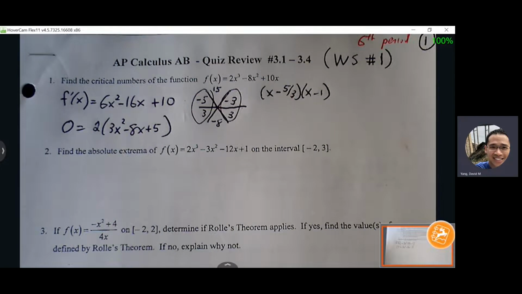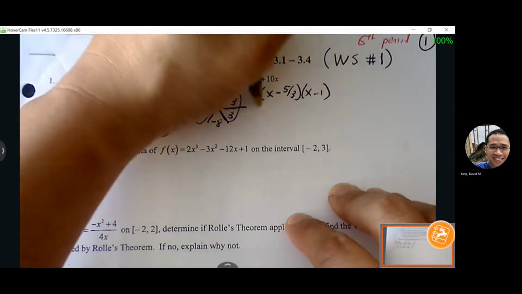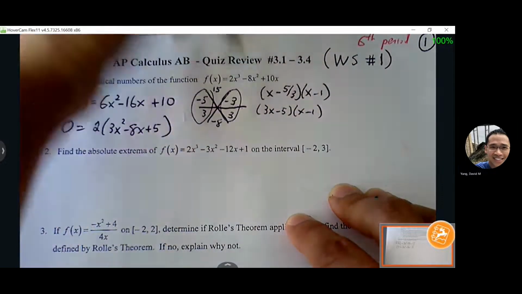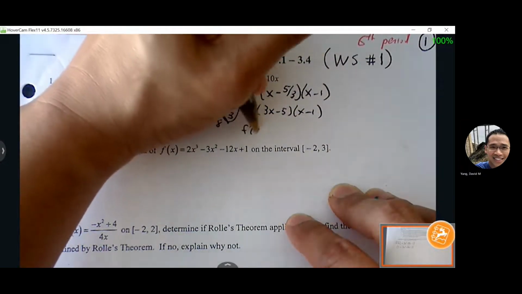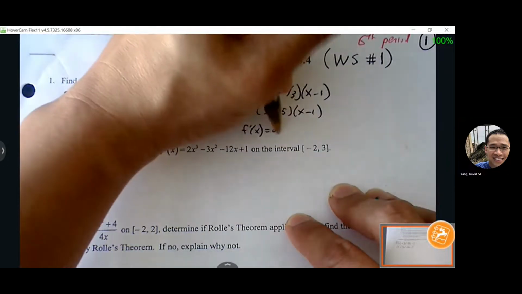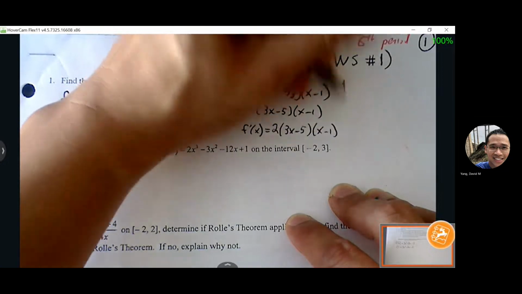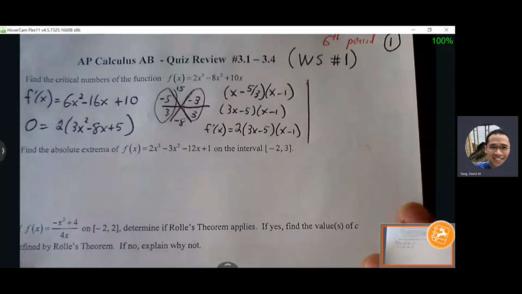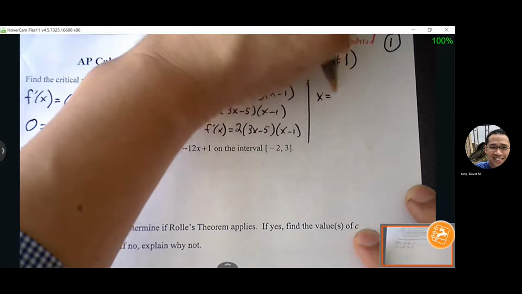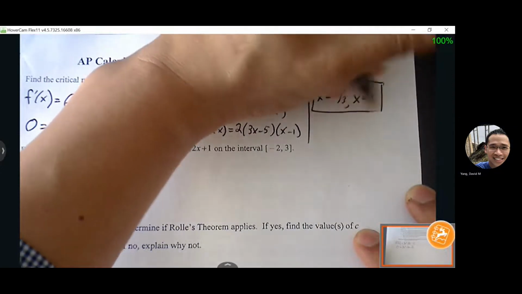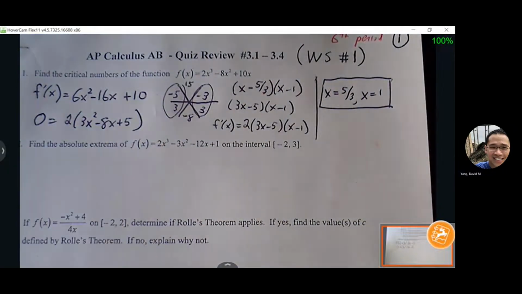If you can't reduce, pull the denominator in front of the x. Set your derivative equal to 0. There's only two critical points, 5/3 and 1. That's all it's asking for number 1, find the critical points.